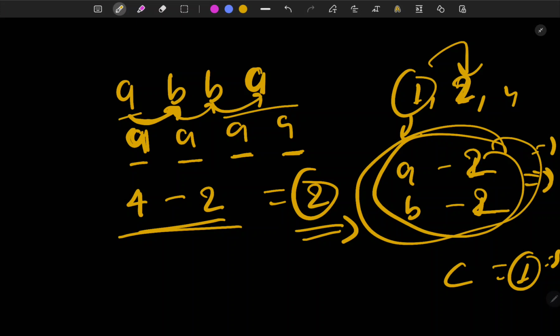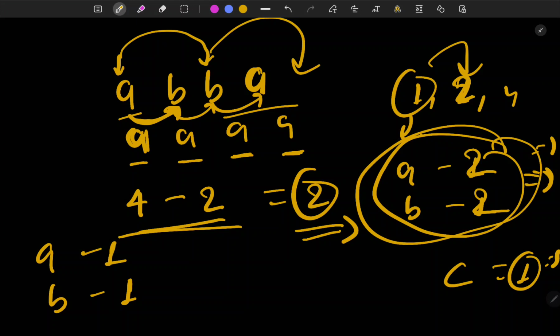So just go to the next divisor, that is 2. Can you take the string of length 2? See here it is 1, then I go to this index, the frequency of it is 1, the frequency of b is 1, and then I go to the next index, that is the end of the string.